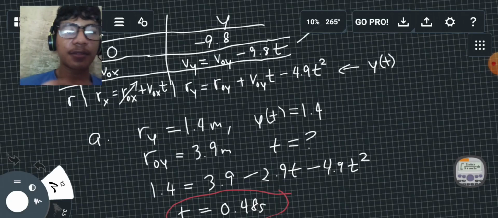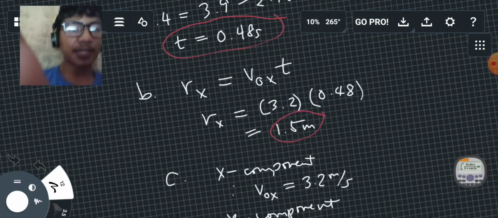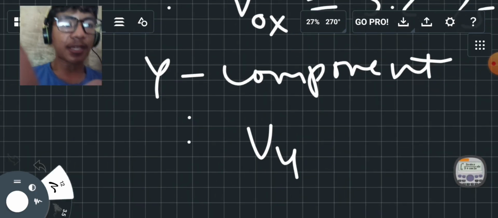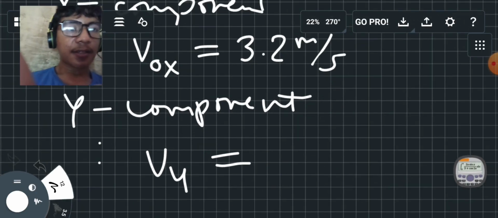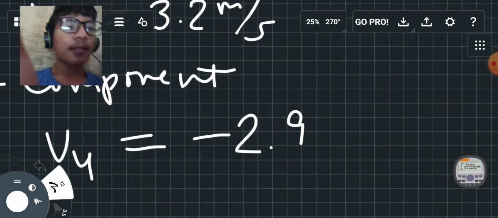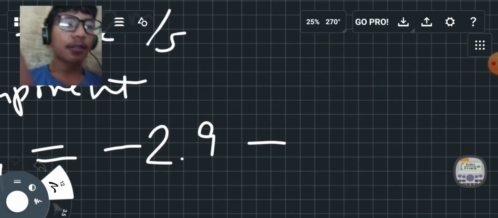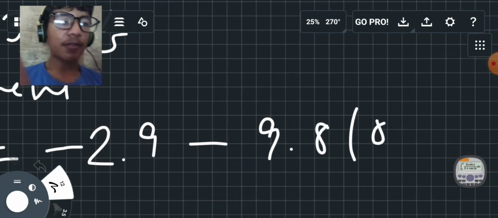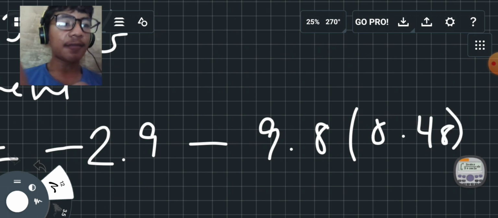Plugging those in, the y component of the initial velocity is negative 2.9, minus 9.8 times 0.48.